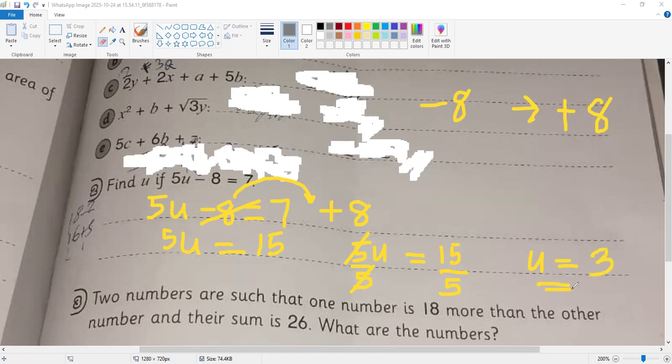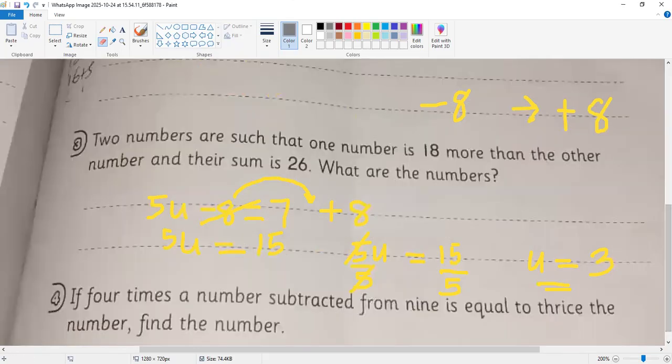So the value of U in that equation is 3. We move to the next question. The next question reads: two numbers are such that one number is 18 more than the other number and their sum is 26. What are the numbers? Very simple.